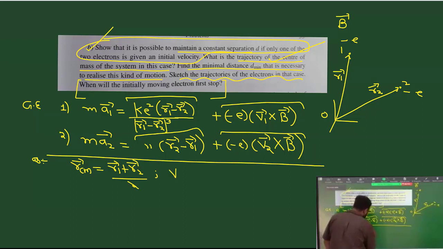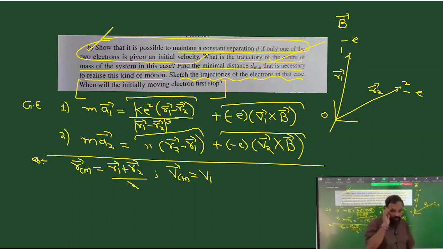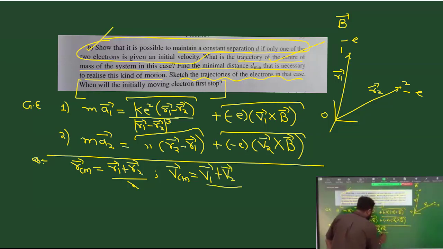I also know their VCM always, because he has said find the trajectory of center of mass. So now I am coming to the core idea. It is V1 plus V2 by 2. I think all of you can understand that so much of the problem is coming because of the magnetic field.